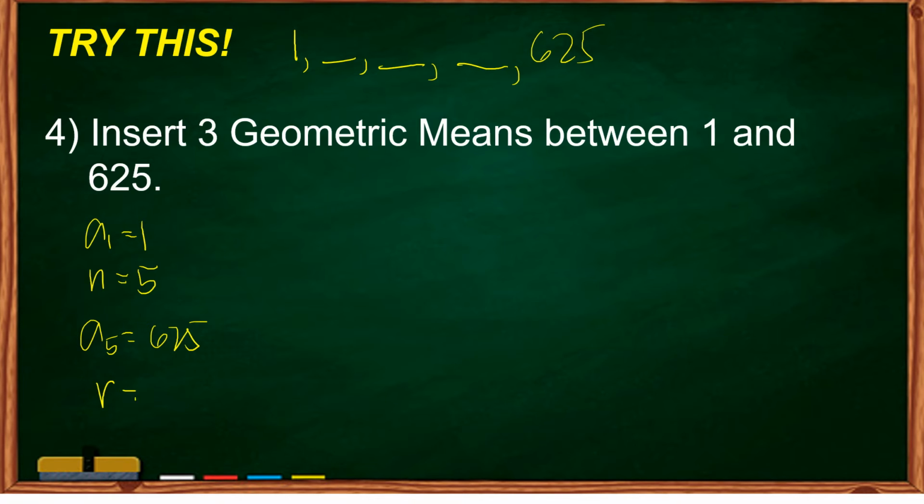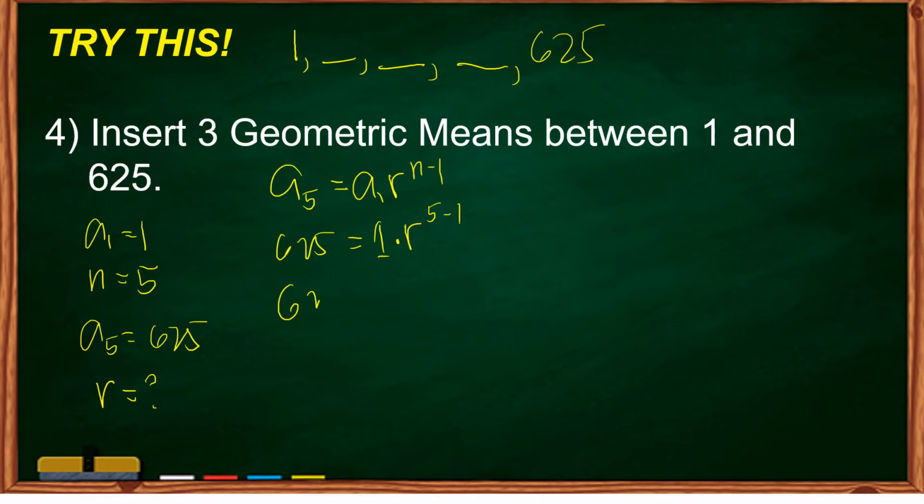We need to find the common ratio in order for us to insert the three geometric means. In order to find the common ratio, we are going to use the formula a sub 5 equals a sub 1 times r raised to n minus 1. Substitute, so 625 equals 1 times the common ratio r raised to 5 minus 1.